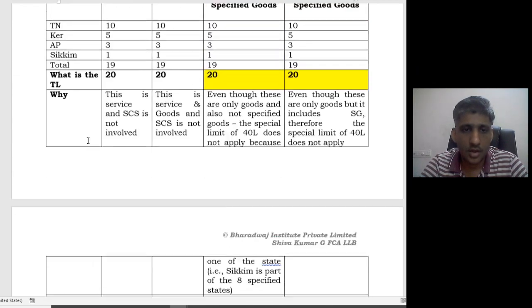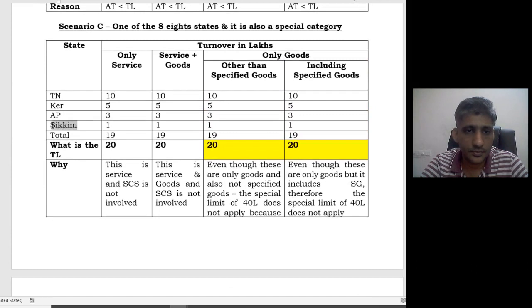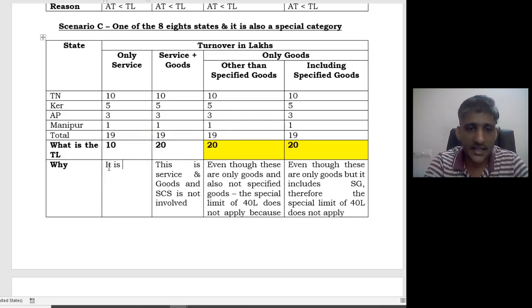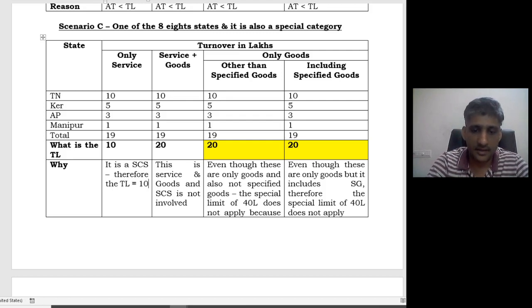Okay, so if it is Manipur, what's the turnover limit? Turnover limit is 10. Why? It is a special category state, therefore the turnover limit is equal to 10 lakhs.